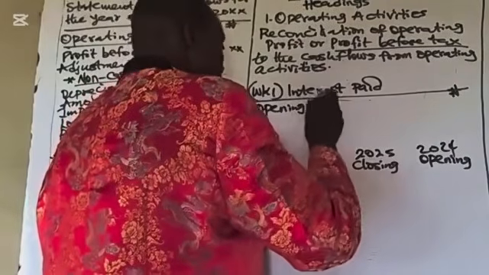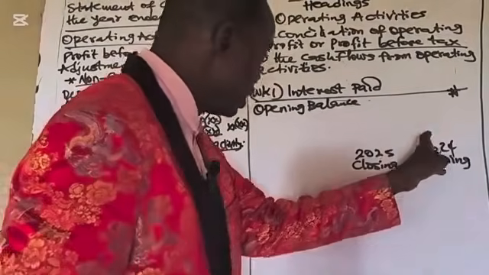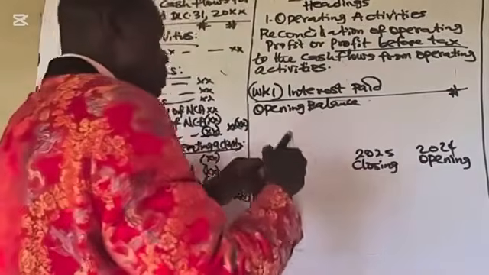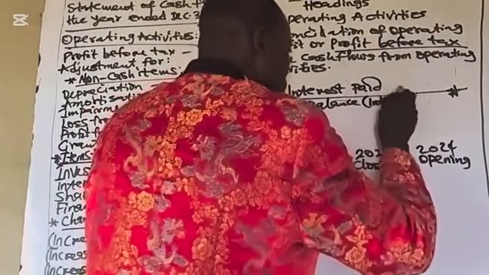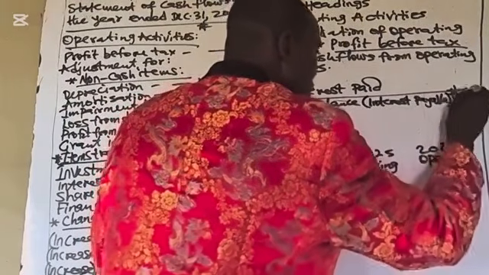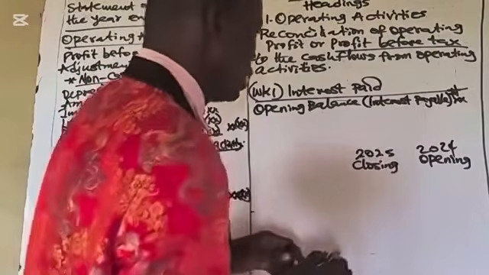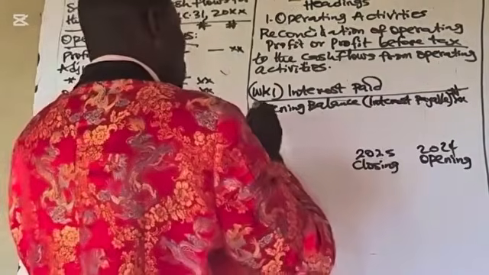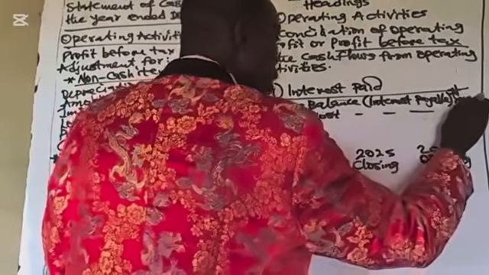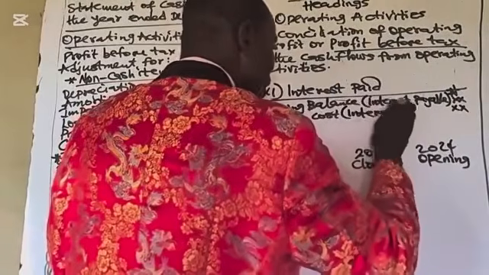Where will the opening balance be found? It will be found in the opening statement of financial position. Now, interest payable. Since it is interest payable, you need the interest payable. I've told you it may be given under the current liability or in additional information. Then after the interest payable, you add your finance cost. The finance cost is the interest expense.